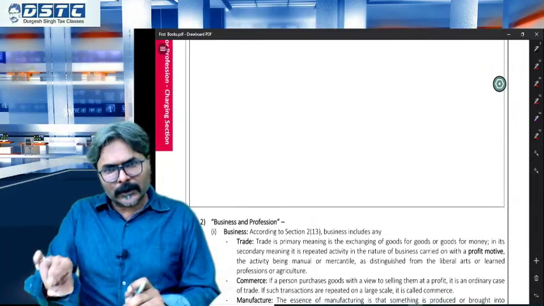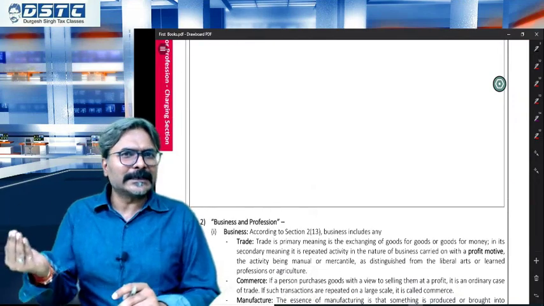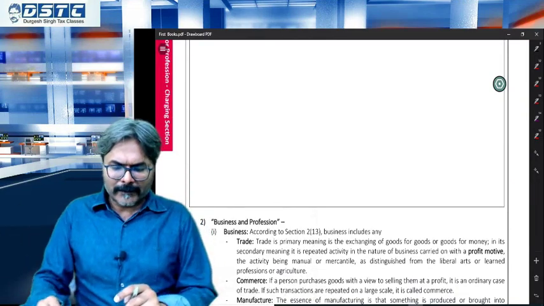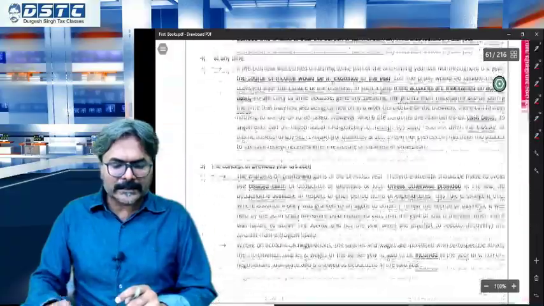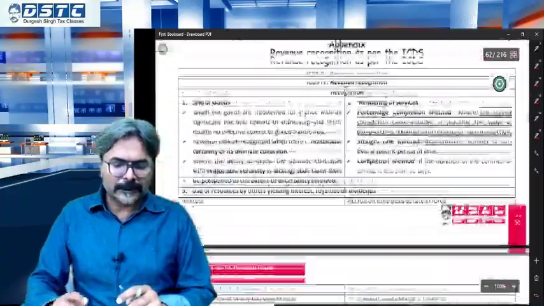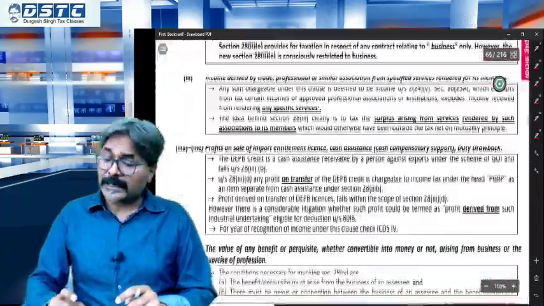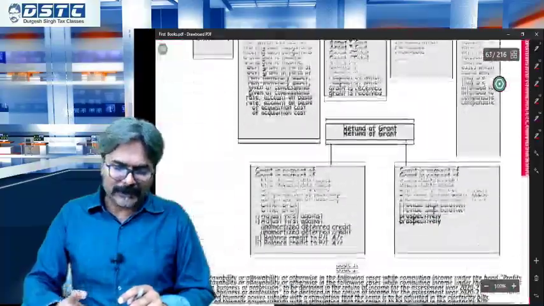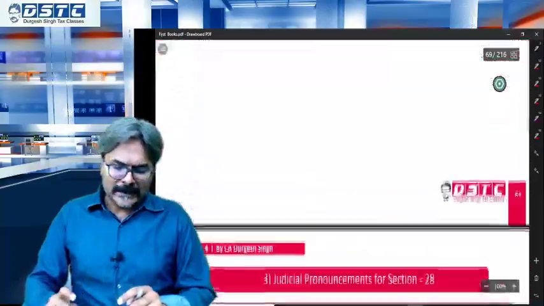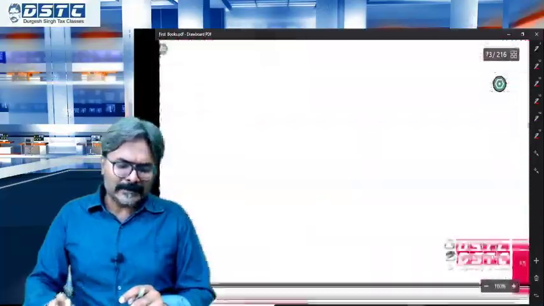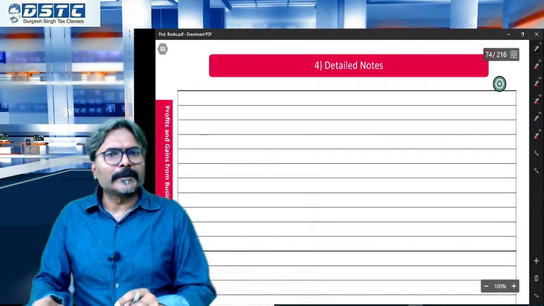If there is some excess material which you are writing, then check out the notes page of this particular topic, not the entire book. For every topic, the notes pages are given towards the end. So in this regard, students, if there is anything surplus, you can always copy it over here.